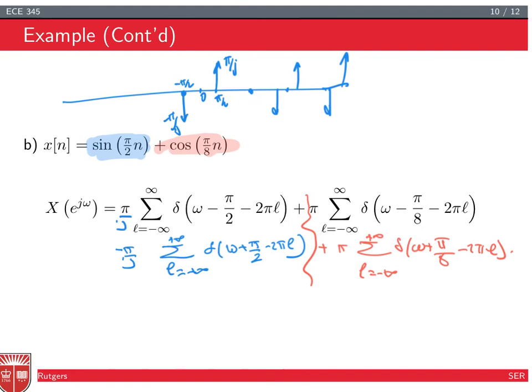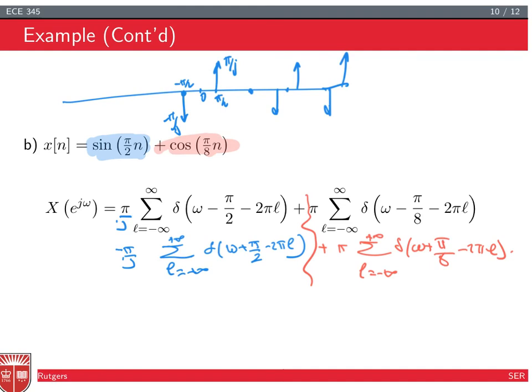I know that the cosine is e^(j omega n) plus e^(minus j omega n) divided by 2, and you should know that the DTFT of e^(j omega 0 n) is a train of pulses at omega 0, and it's going to be repeated every 2 pi.